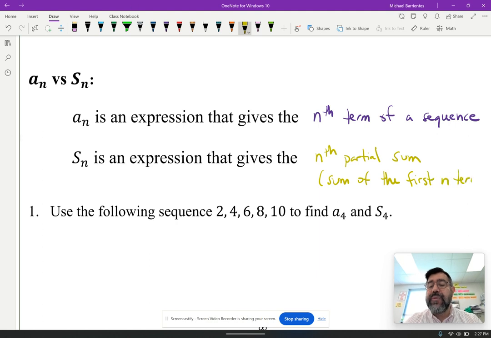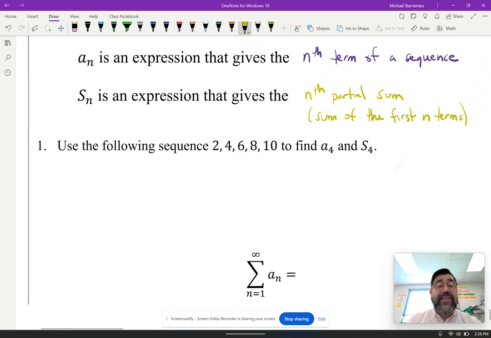And so we're going to look at an example to tell the difference between these two. It's very important that we separate the idea of a sequence from a series, which involves a partial sum. So little a sub n is the nth term of the sequence. Capital S sub n is the sum of the first n terms of the sequence.